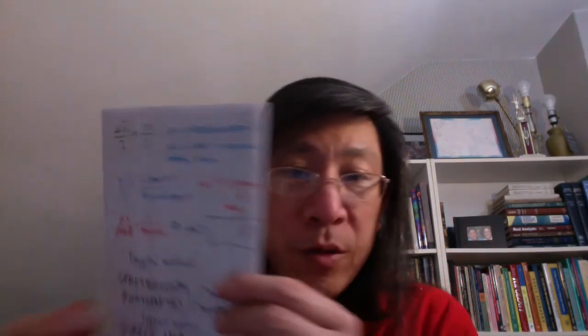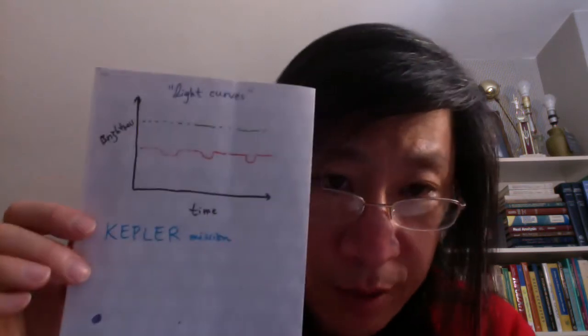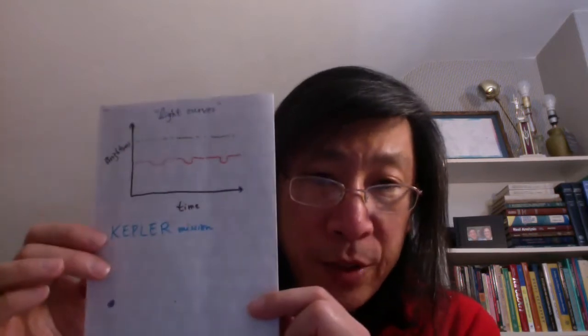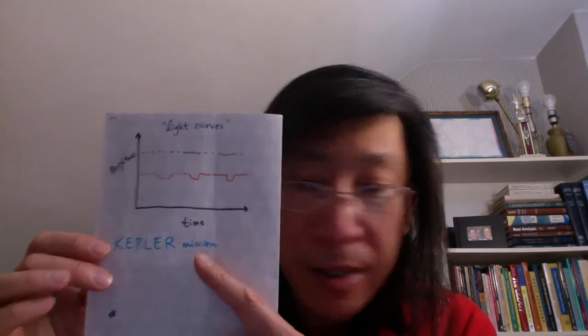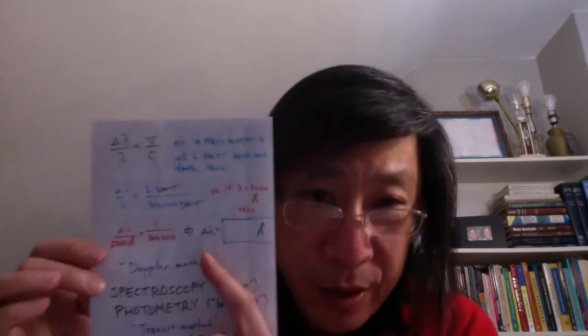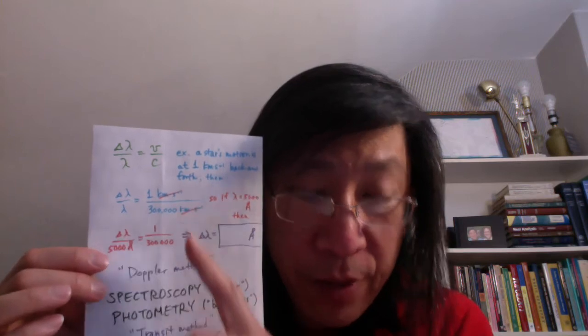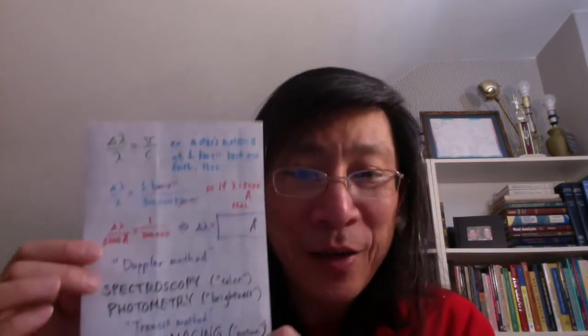And there haven't been many because this is really hard. It might even be harder than doing either the spectroscopy with the Doppler method, or the photometry, which is the light curves method. Remember that with the light curves method, thanks to NASA's Kepler mission, they've been able to find thousands of planet candidates. With spectroscopy, usually ground-based, using the Doppler method, we're able to find hundreds of additional planets outside our solar system.